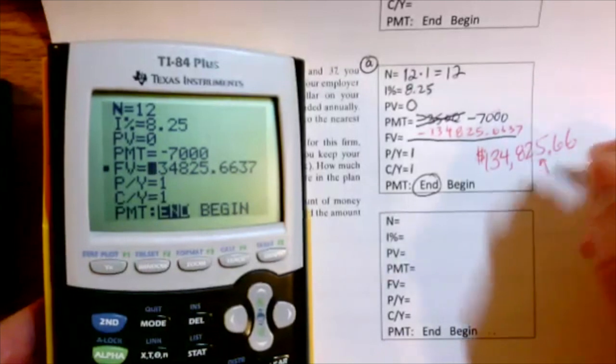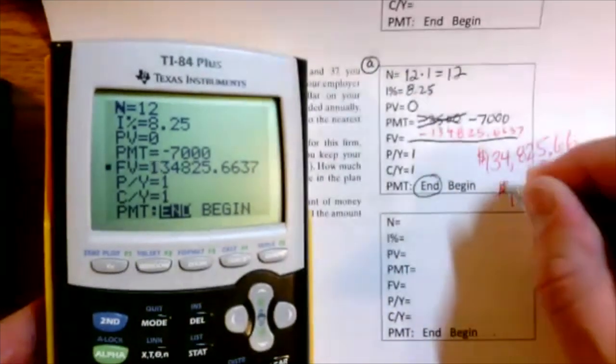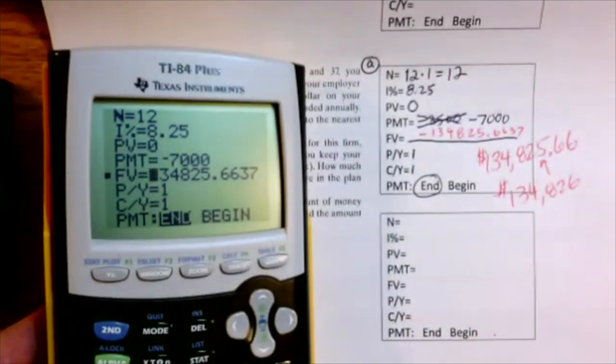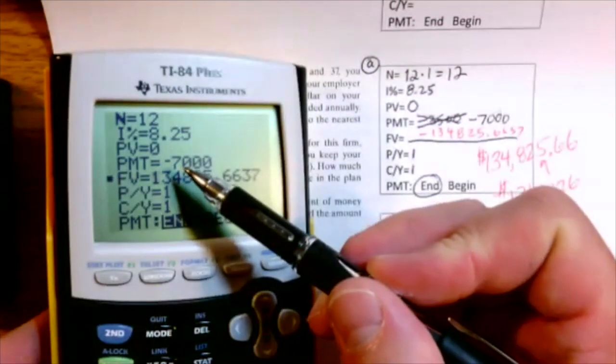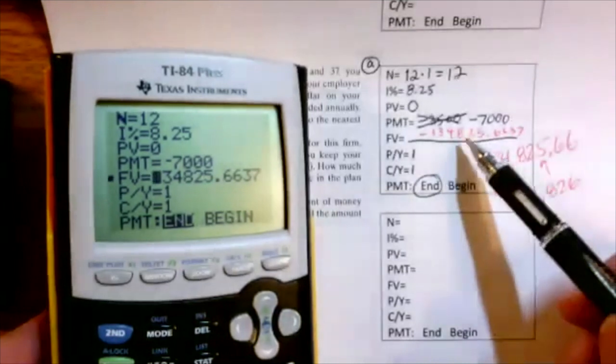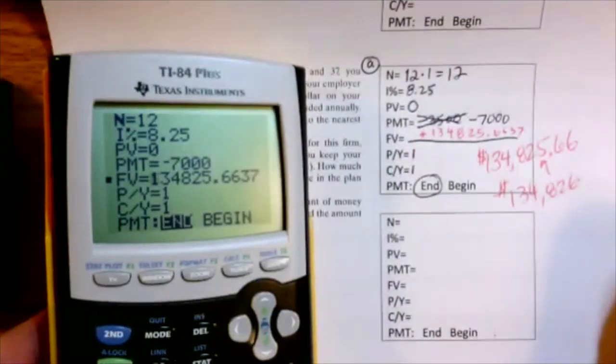Now they want us to round to the nearest dollar on this one, so we'll do that. Why do you have a negative, Mr. Am? On the 7,000? No, on the answer, future value, where you wrote it. Yeah. I shouldn't have.